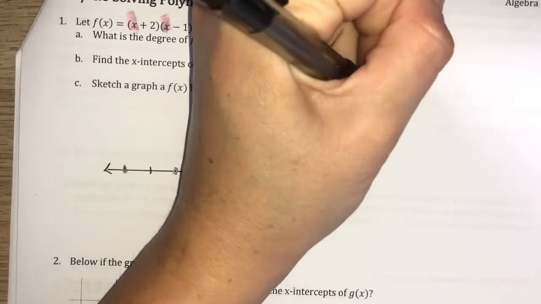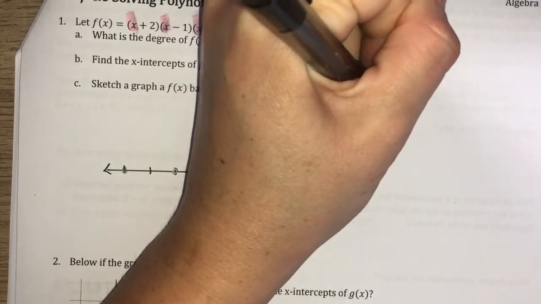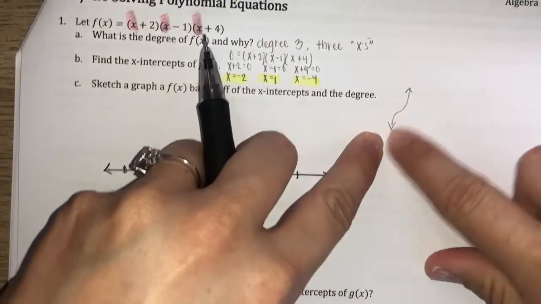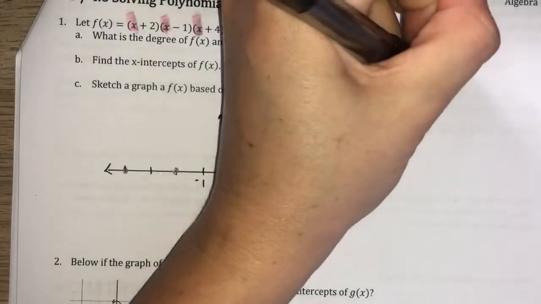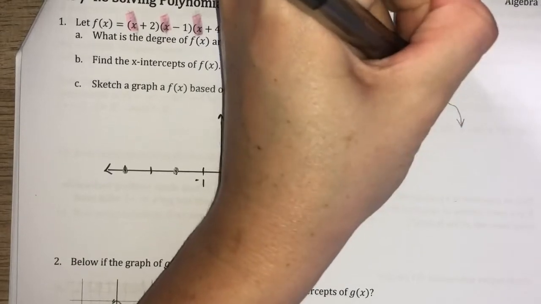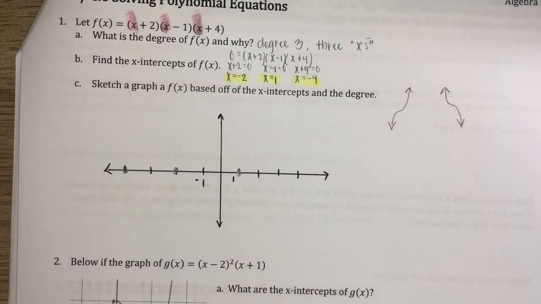So if it's a degree 3 or an odd degree, our graph is either going to have the left side going down and the right side going up, or it could be vice versa. It could be the opposite of that. So when we're deciding whether the graph is going to be increasing or decreasing overall, we need to look at the lead coefficient.